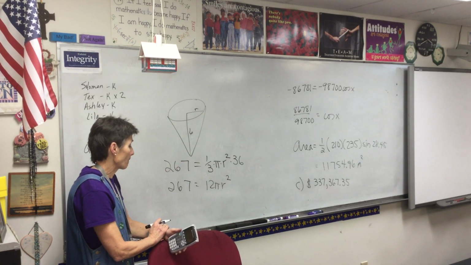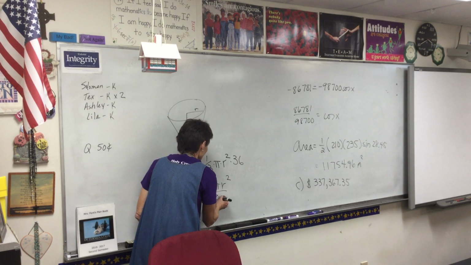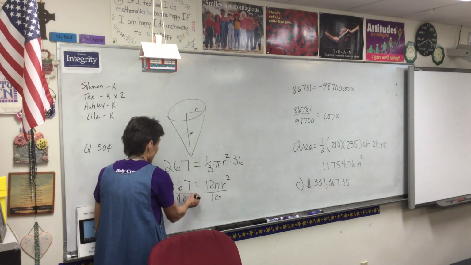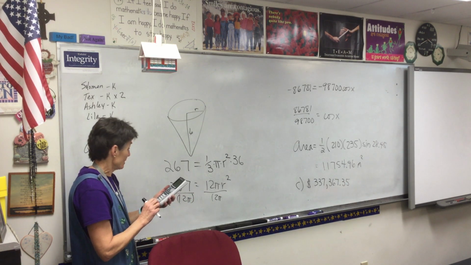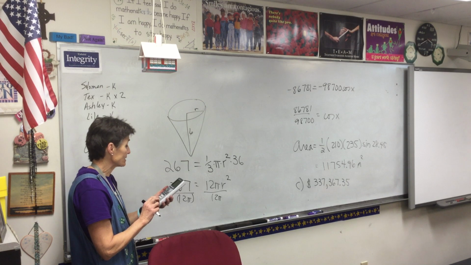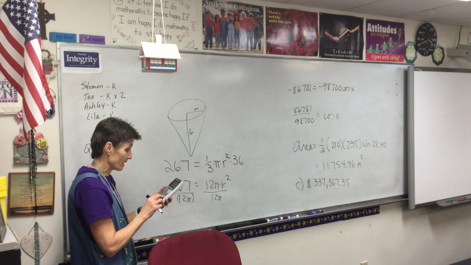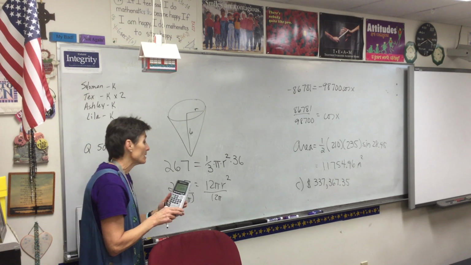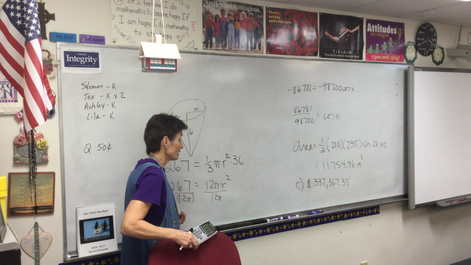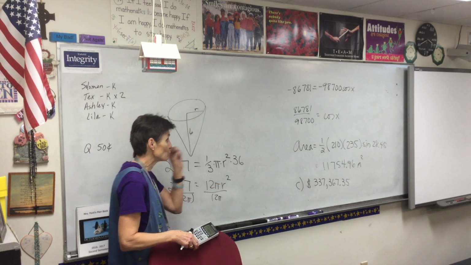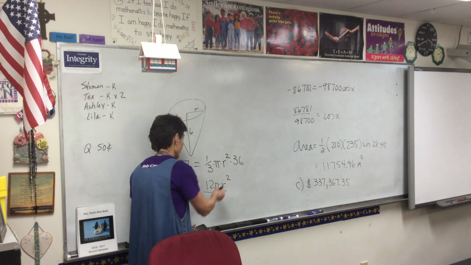So what would you do? Divide by 12 pi? Caution, caution, caution. Anytime you divide by two things, you have to put it in parentheses. So make sure you're doing 267 divided by parentheses 12 pi. You can avoid that by dividing by 12 first and then dividing by pi. That's perfectly okay, but if you do them both at the same time, you have to have them in parentheses.